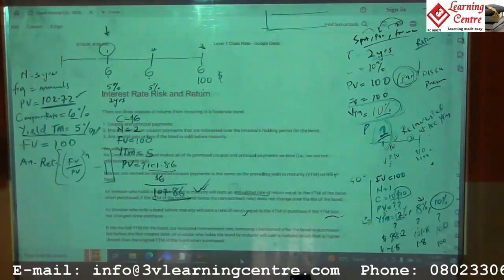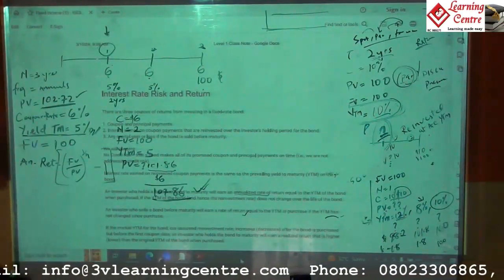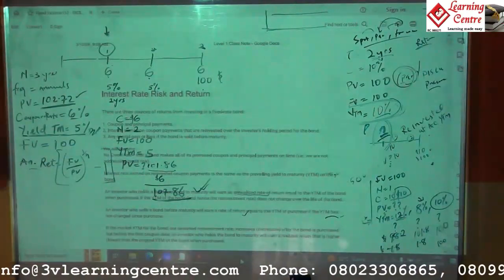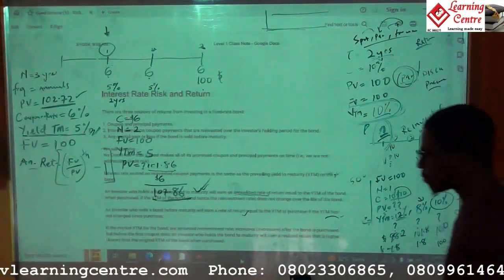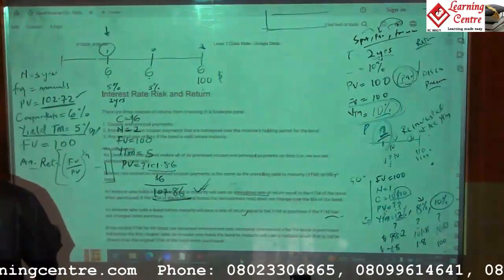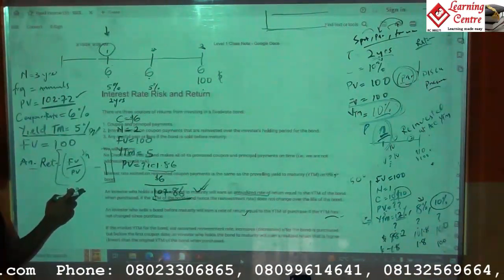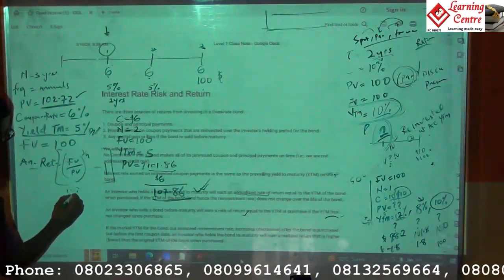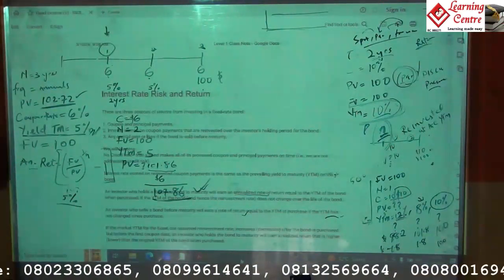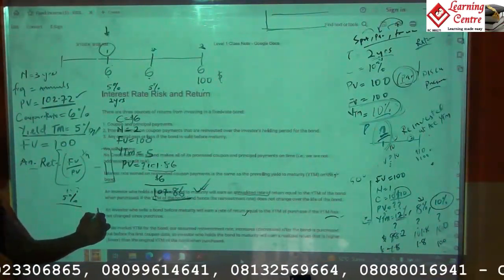This is the formula to tell us the annualized return. That's 0.05. Again, 5%. Right? So we have established this also.